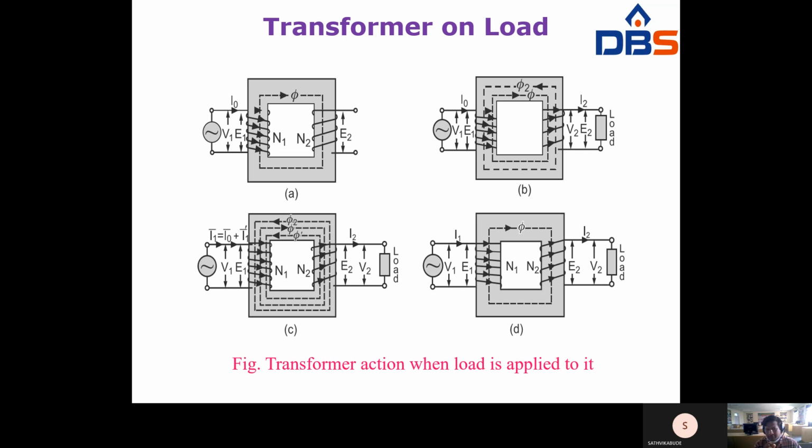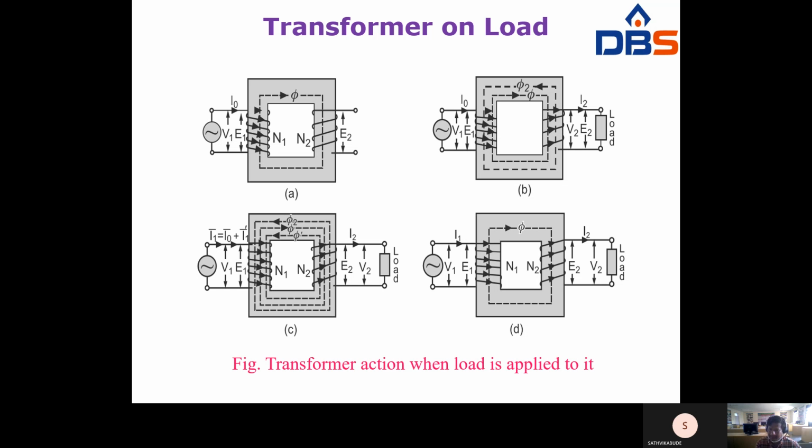Whenever you give current to the primary winding, it produces primary flux pi, flowing from primary winding to secondary winding. Now you are connecting a load on the secondary winding. Whenever you connect the load on the secondary winding, a secondary current flows, right? That secondary current produces another flux.